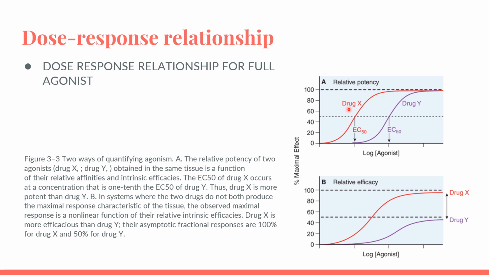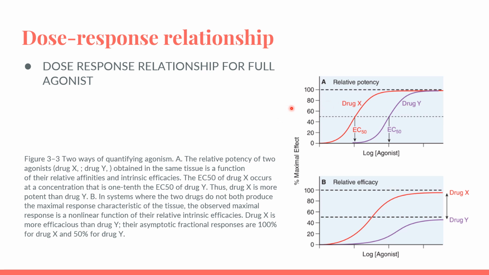Now, if you were to compare the EC50 of drug X with the EC50 of drug Y, we can see that it is clearly much less than that of drug Y. How can we translate this reading?